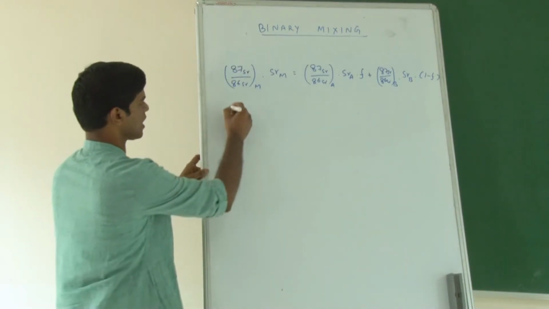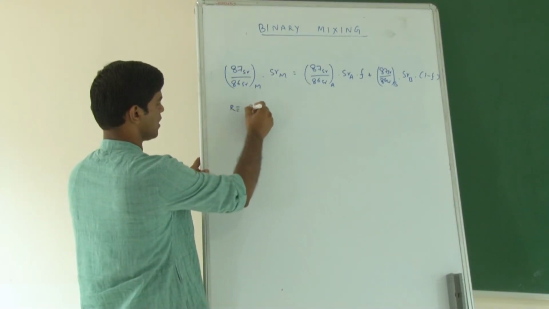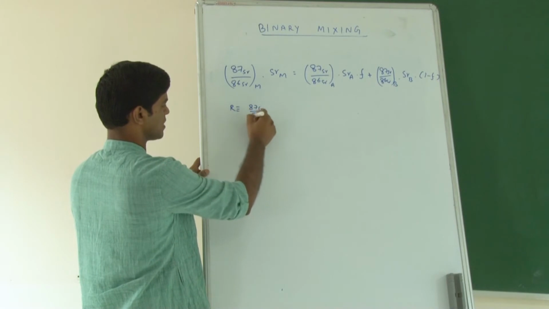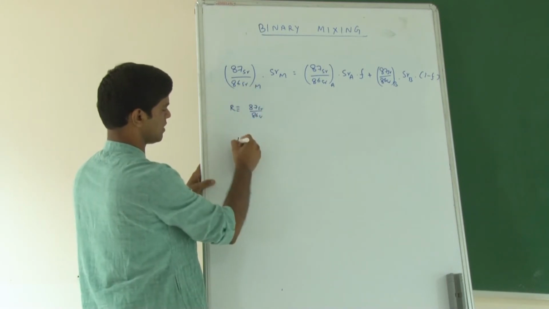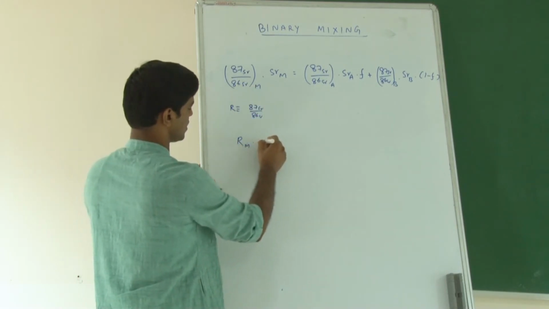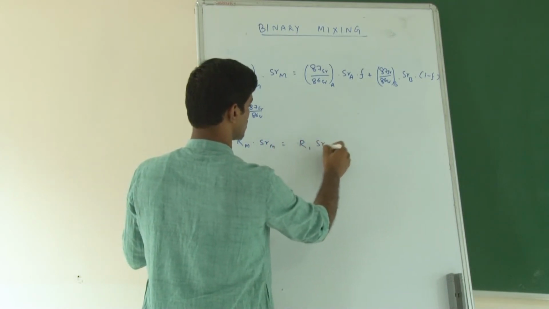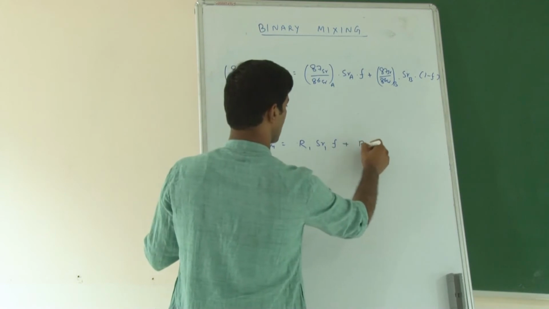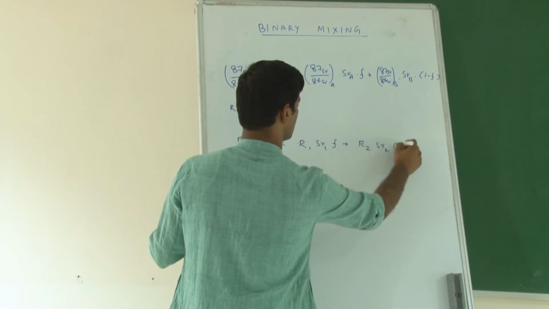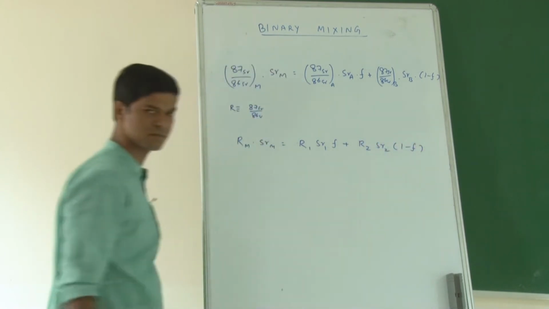If I assume that R is actually 87 strontium by 86 strontium, I can write this, R m strontium m is equal to R1 strontium 1 F plus R2 strontium 2 1 minus F.